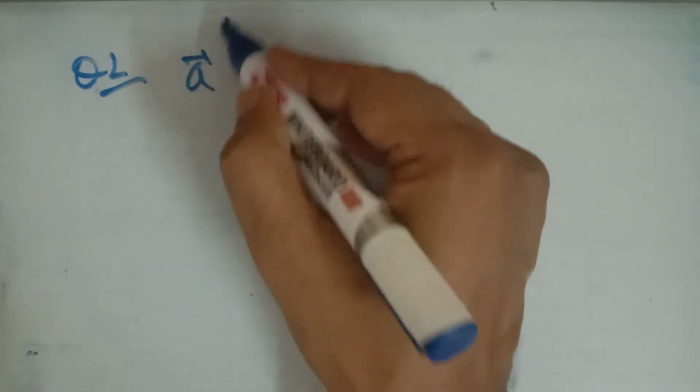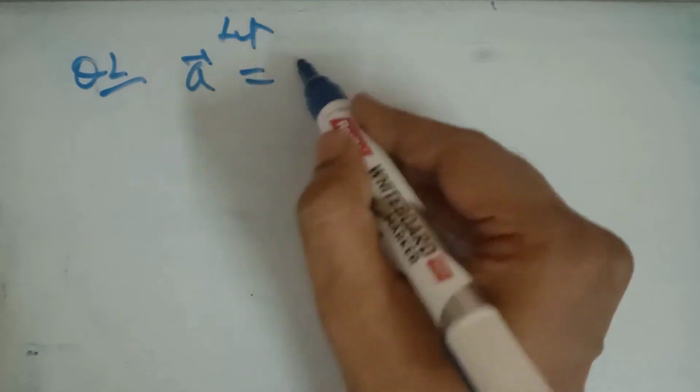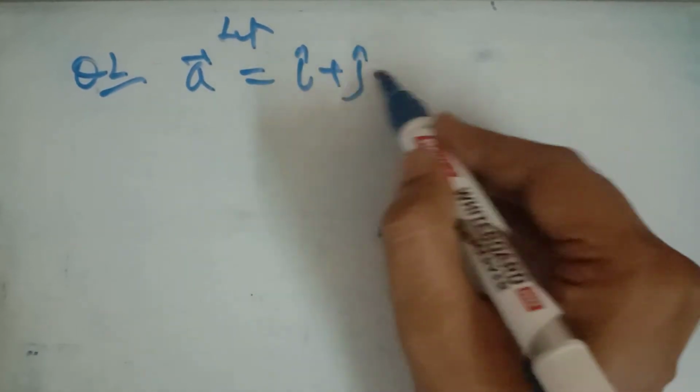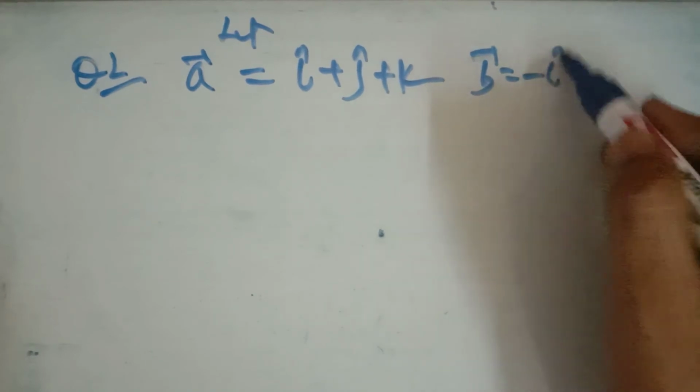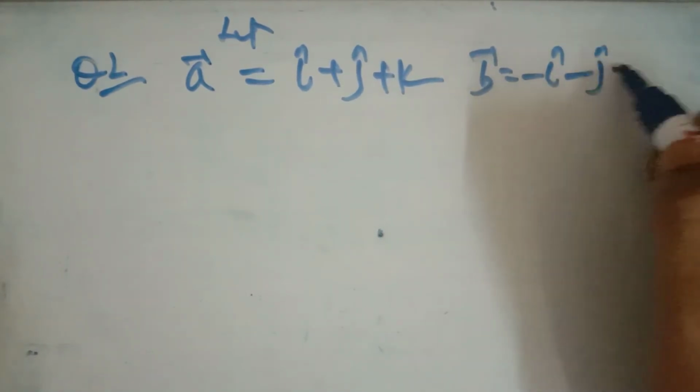Now question number 2 of the exercise. You have to write two different vectors having same magnitude. The answer can vary. Let us take the vector a as i plus j plus k and let vector b be minus i minus j plus k.